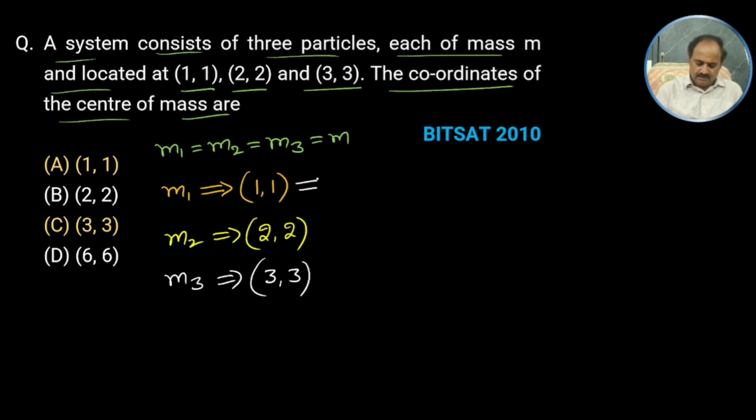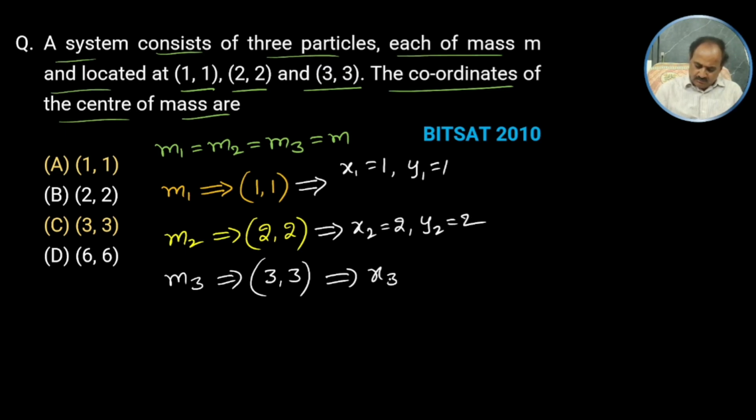From this I can write x1 equal to 1, y1 equal to 1. From this I can write x2 equal to 2, y2 equal to 2. x3 equal to 3, y3 also equal to 3.